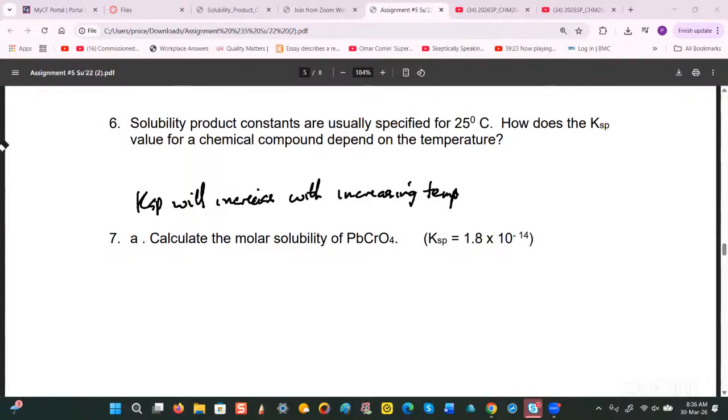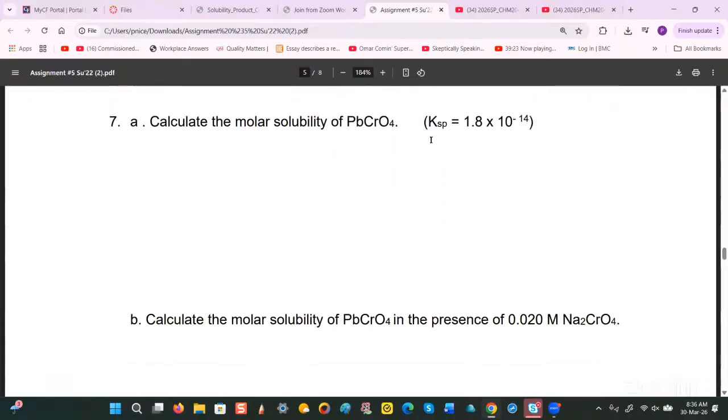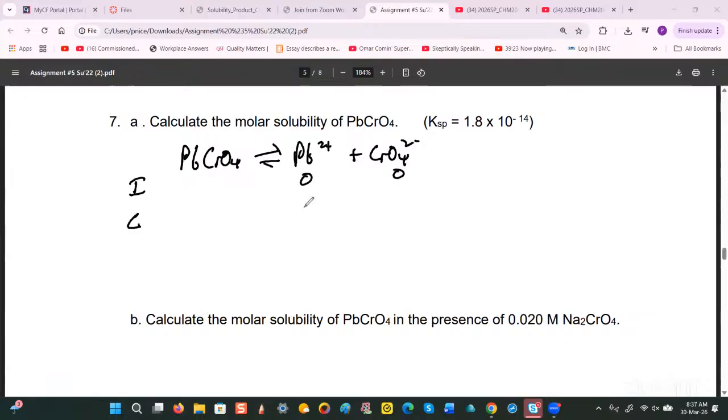Let me clear this here. Okay, the next question is asking for you to calculate the molar solubility of lead chromate. So again, I would write down the equation for the dissociation of lead chromate, like this: Pb2 plus and CrO4 2 minus. Initially, you'd have none of these. The change here would be plus S for the lead 2 plus and plus S here, right?